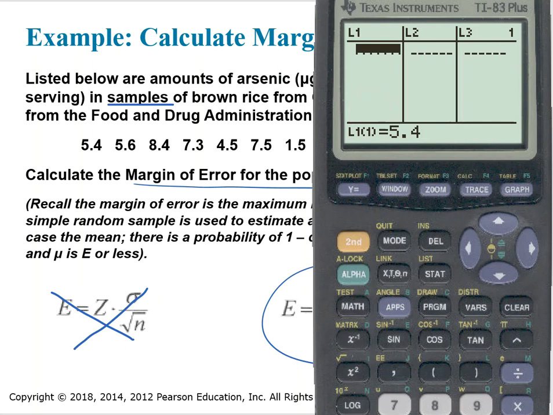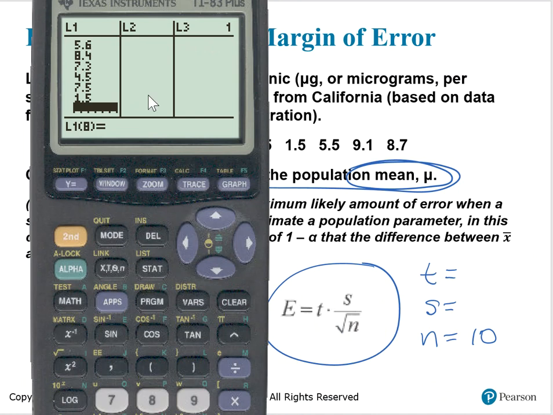5.4, 5.6, 8.4, and so on. 7.3, 4.5, 7.5, remember I have 10 data points, 1.5, 5.5, 9.1, 8.7.